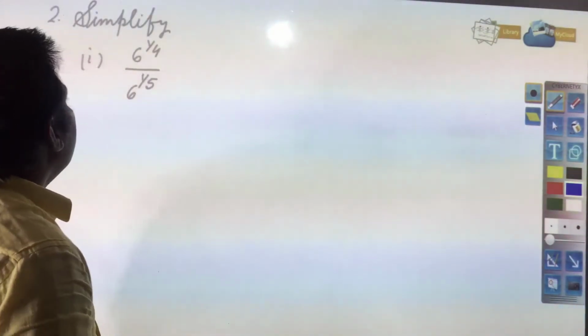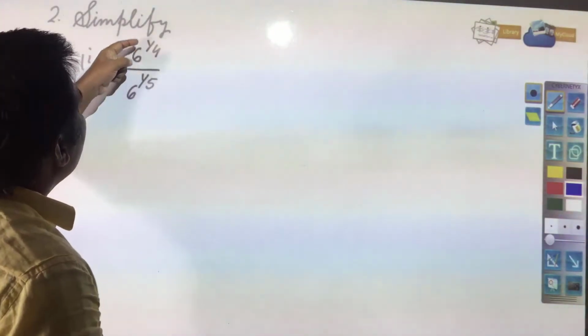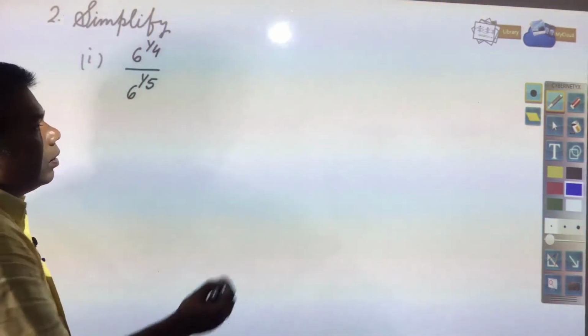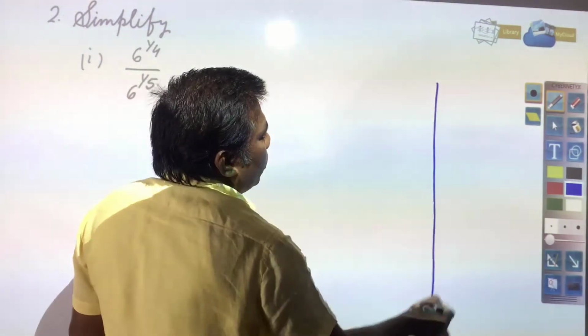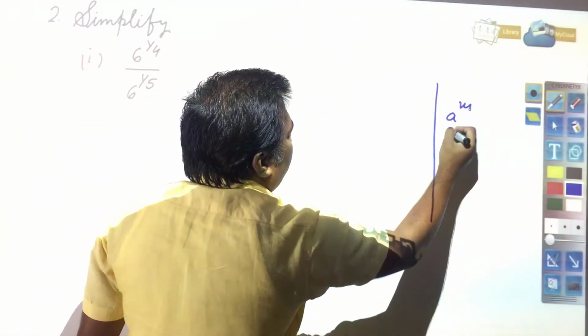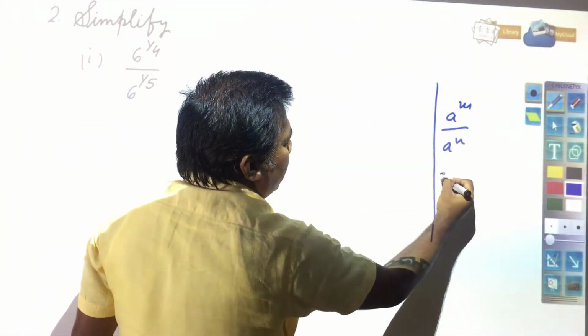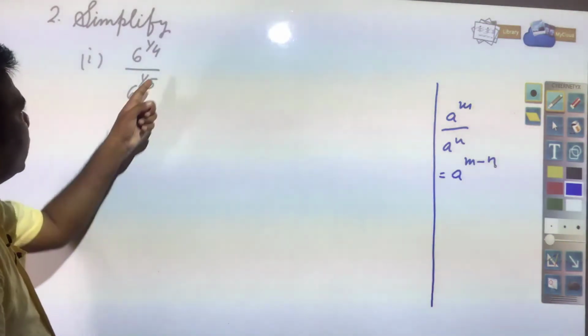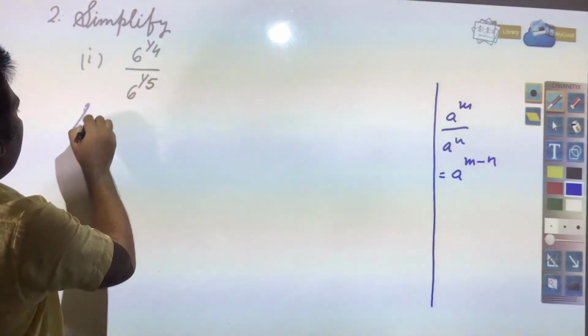Next question, you have 6 to the power 1 by 4 divided by 6 to the power 1 by 5. So, what you need to do? A to the power m divided by a to the power n, you know, is a to the power m minus n. The same formula needs to be applied.